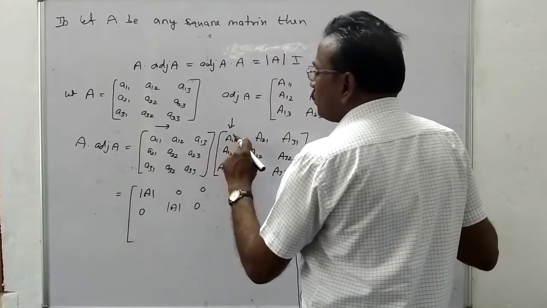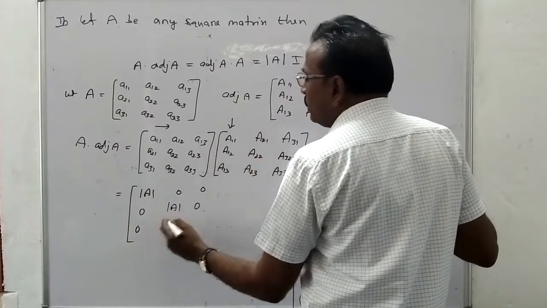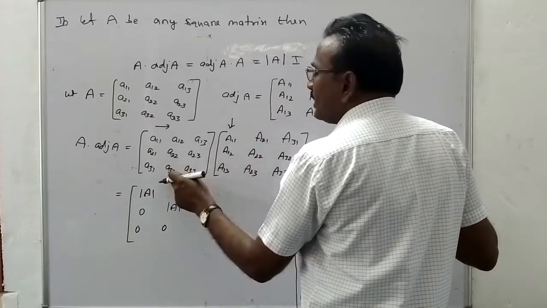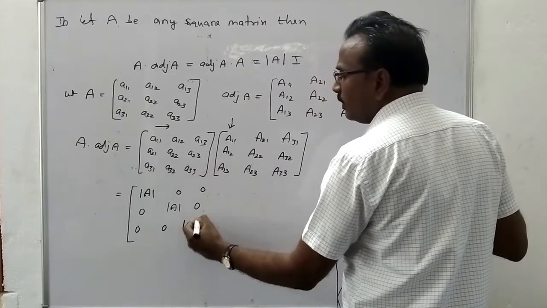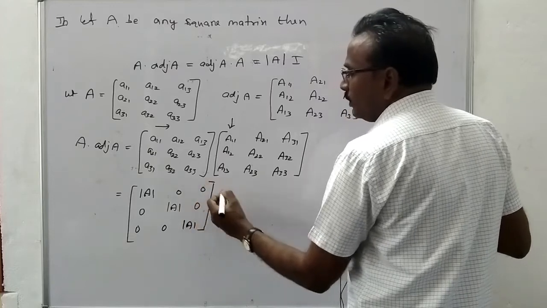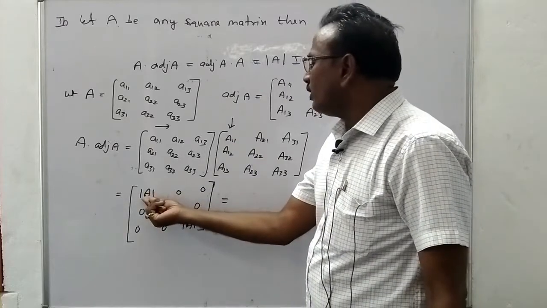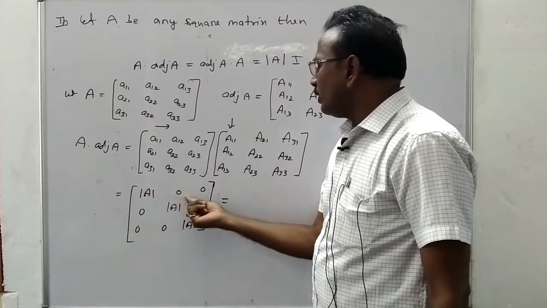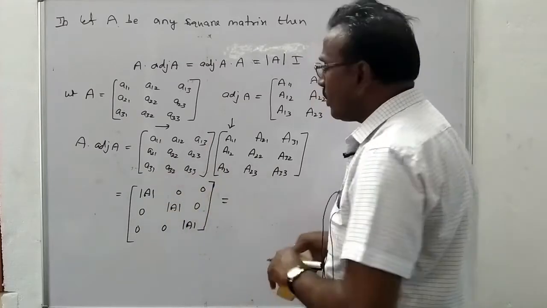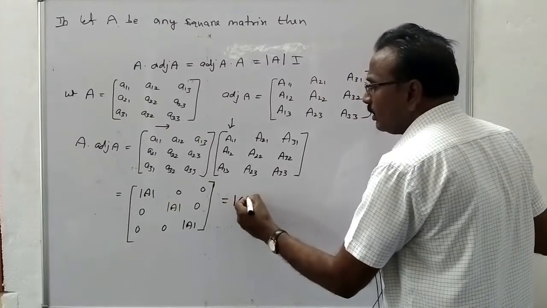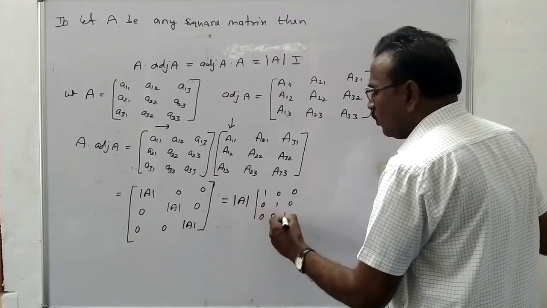Similarly, third row with first column, the value is 0. Third row with the second column, the suffixes are different, the value is 0. So A31 into capital A31 plus A32 into capital A32 plus A33 into capital A33, the value is the determinant of A. Now throughout this matrix we have determinant of A, 0, 0, 0, determinant of A, and so on. Here the determinant of A is common, so take it outside: determinant of A into the matrix 1 0 0, 0 1 0, 0 0 1.